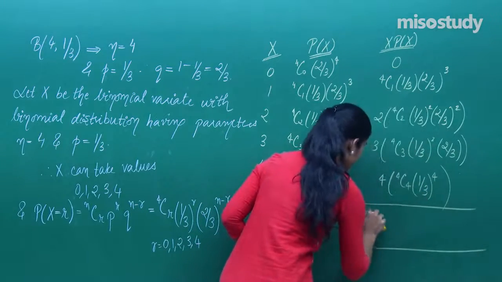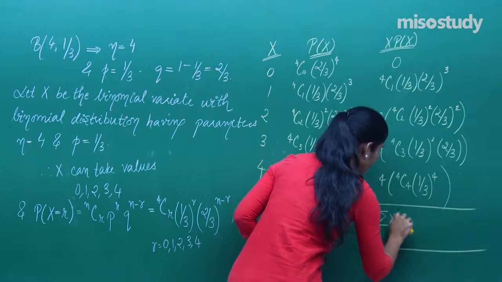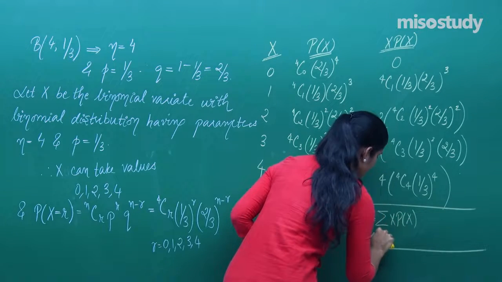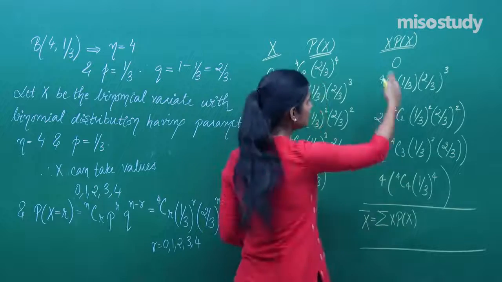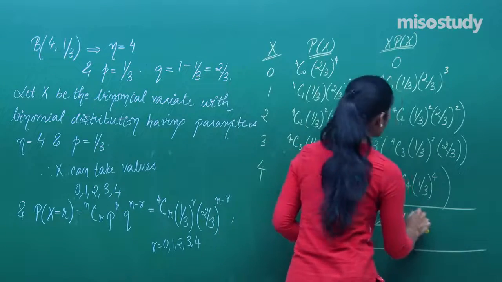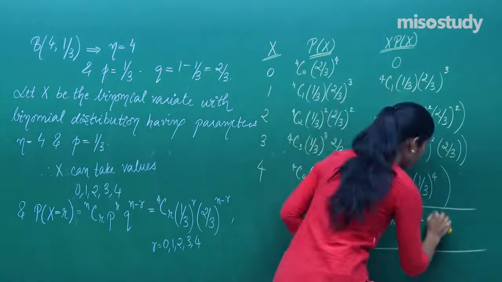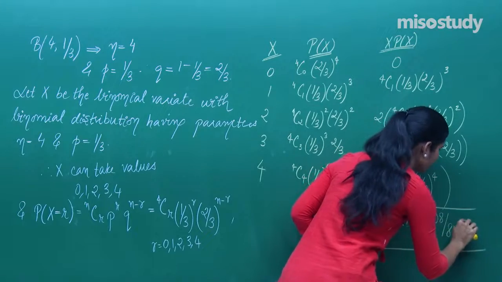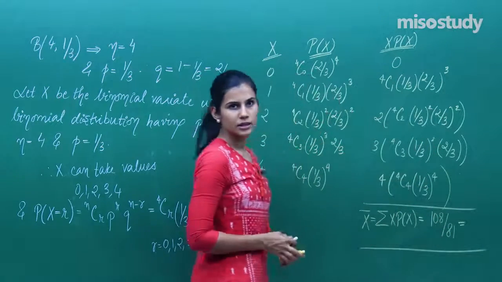So your mean is summation of xpx, right? Summation of xpx, which is going to come out to be 108 by 81 when you add all these up.